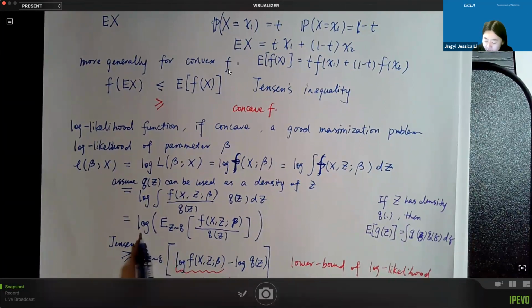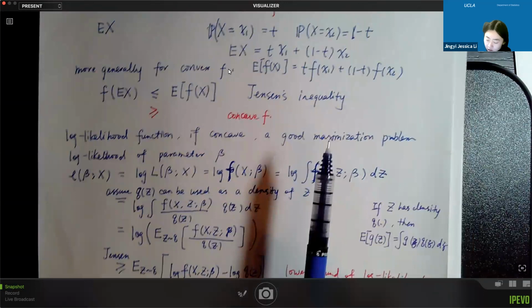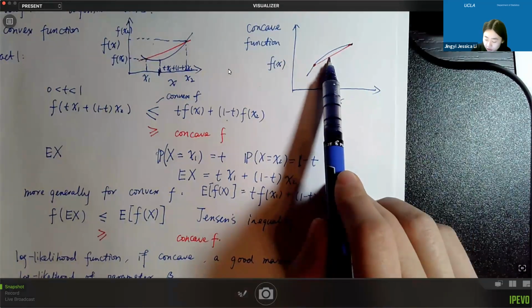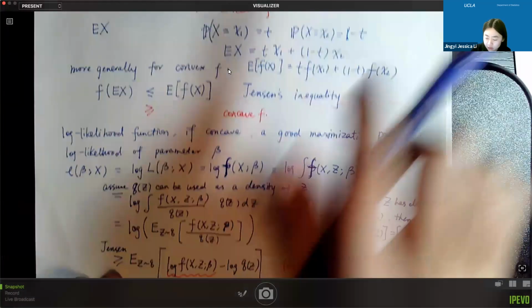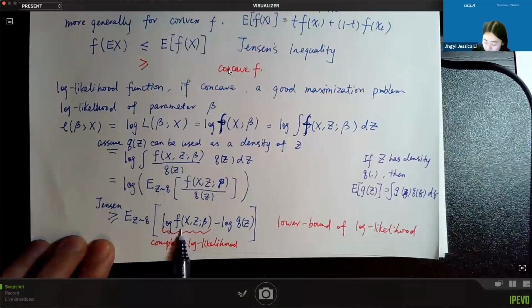So now we are in the case where we have a log of an expectation, and log is a concave function. If we look at the curve, the log of an expectation is greater than or equal to the expectation of the log. That's what we have here. By Jensen's inequality, we have the expectation of the log of the ratio.